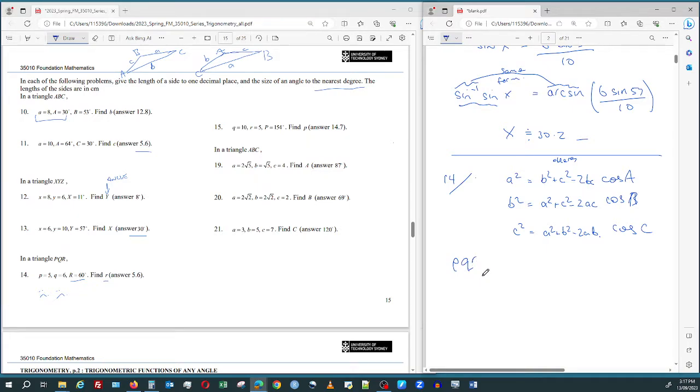So we need R squared, because that's what we've got to find. And we're going to recreate, this is quite difficult, R squared. So that means I've got cos R. I see the pattern. Now it's the others. PQR. So we're going to have p squared plus q squared minus 2pq.